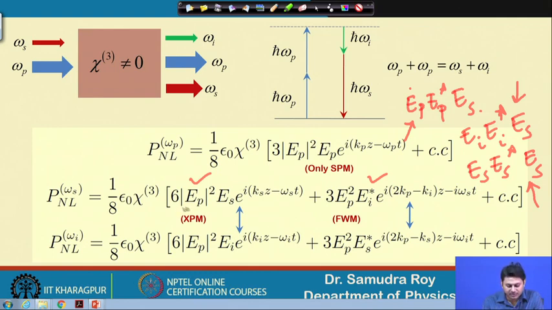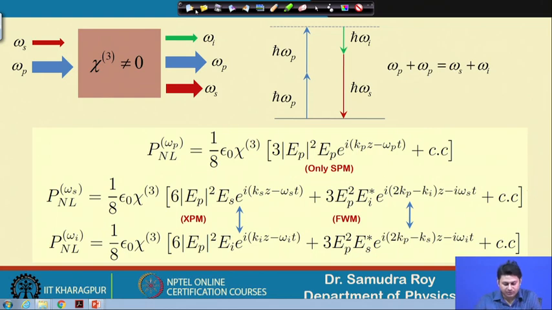So, this effect will be much stronger than the cross phase modulation of E i, which is a weak field, or the self phase modulation of E s, which is also very small, we can neglect that, and the corresponding 4-wave mixing where E p is associated with that because E p is strong. So, all the strong fields related to E p will be considered in P nonlinear, which is a source term. In a similar way, P nonlinear at omega i is also a source term, and we can also write this expression for P nonlinear at omega i.